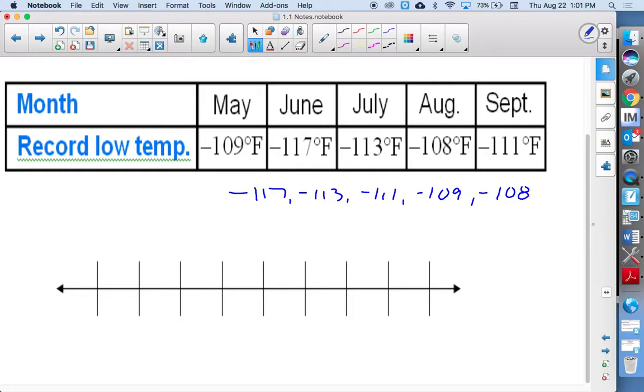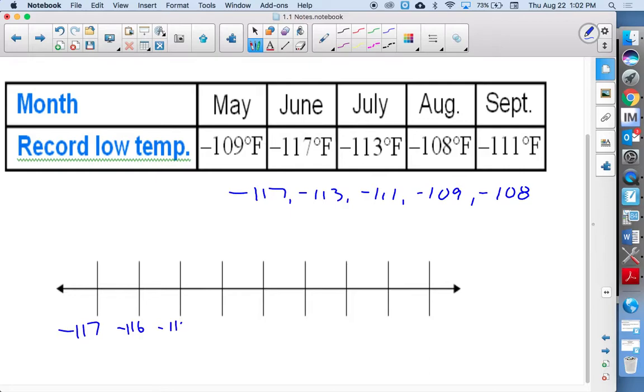All right. So down to our number line, because we have to graph these coordinates on our number line too. Since negative 117 is the coldest temperature, the lowest temp, I'm just going to start right there with negative 117. And we're pretty much bunched up and close to order, so let's just count by ones.